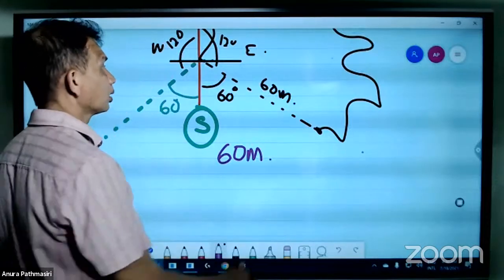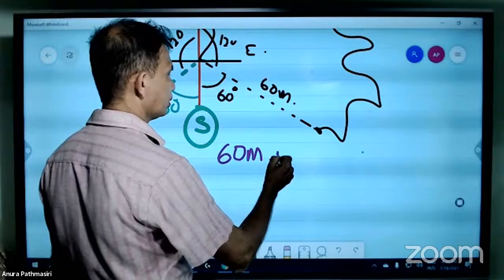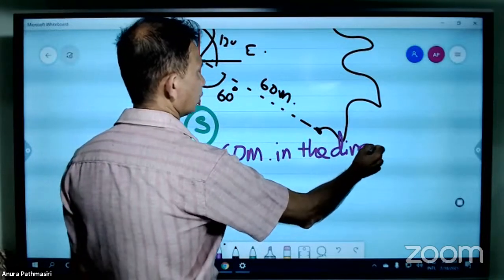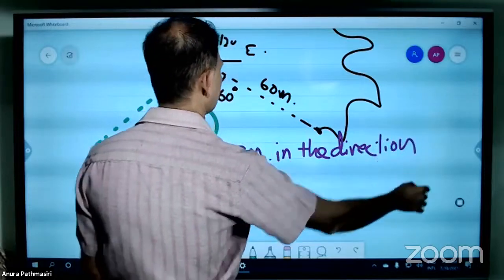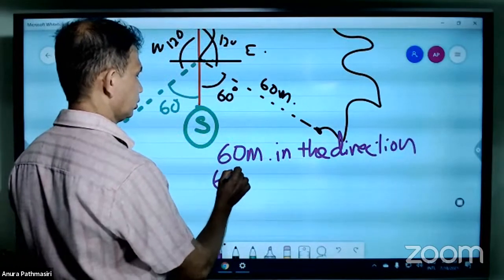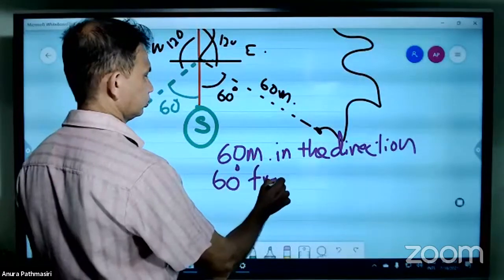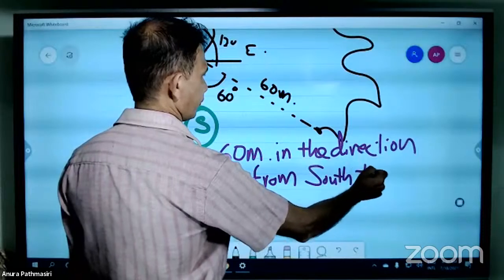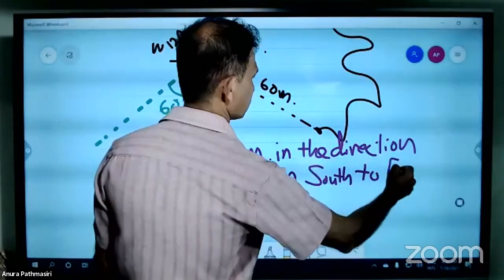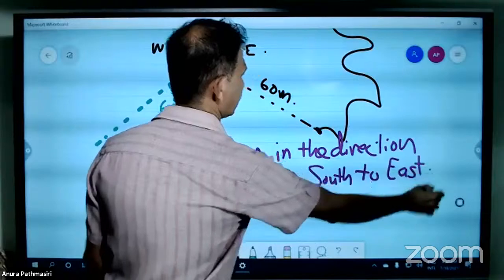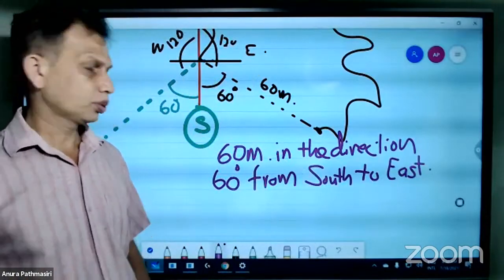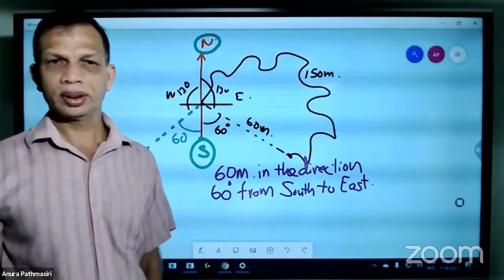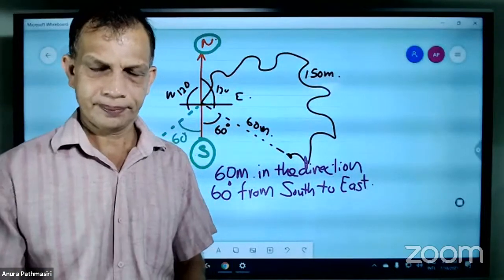Then the direction: 60 meters in the direction 60 degrees from south to east. I think you could understand what I say. Did you? Could you understand what I said? Clear?